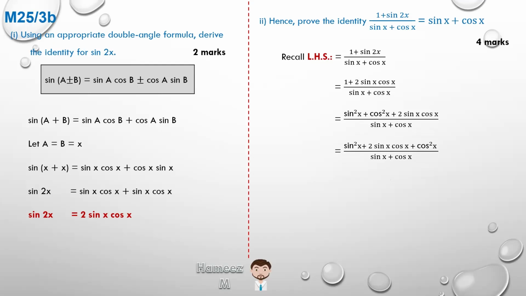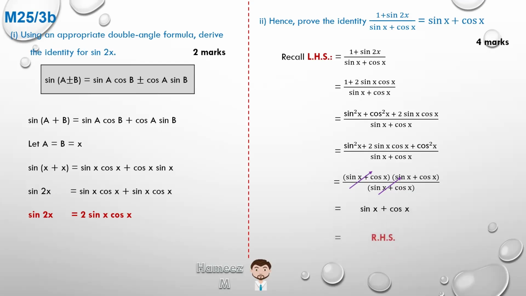Hopefully we can see that looks like a squared plus 2ab plus b squared, which is the same as (a plus b) times (a plus b). So (sine x plus cos x) times (sine x plus cos x). We're factorizing the top, which means that we can reduce (sine x plus cos x) by (sine x plus cos x), and that leaves us with sine x plus cos x, which is what?